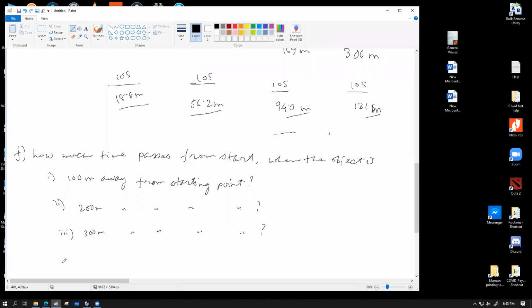Time passes from start. The object is 100 meter away from starting point, 200 meter away from starting point, 300 meter away from starting point. See, this is a different question.